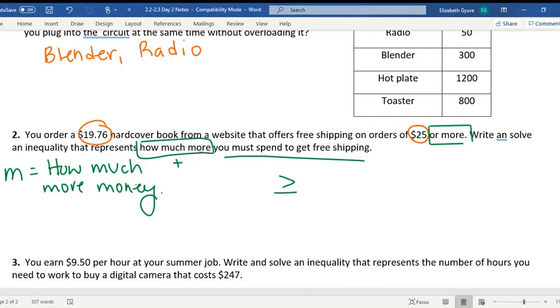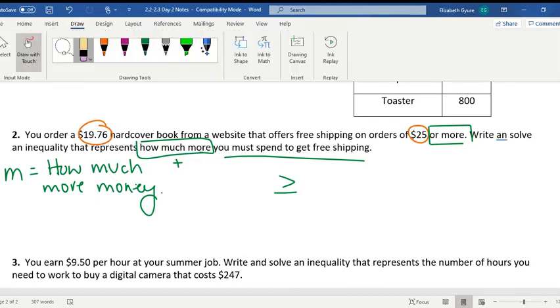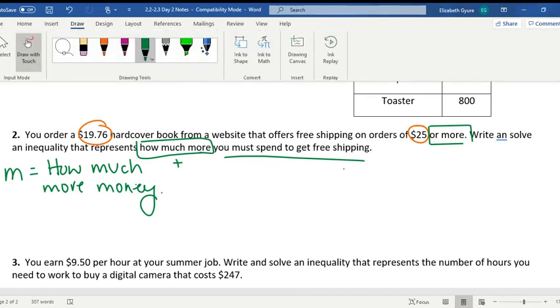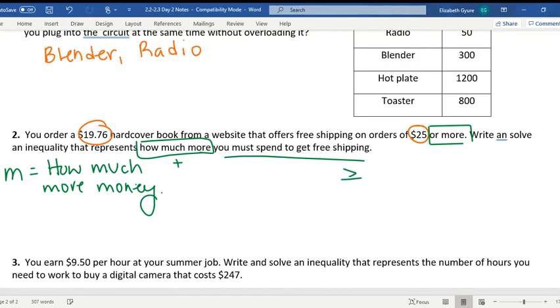So I know that so far I bought this one book, right? But I want to know how much more I can spend. So how do you think you would show that we've already spent $19.75, but I want to maybe spend some more? What do you think we could do? Addition.